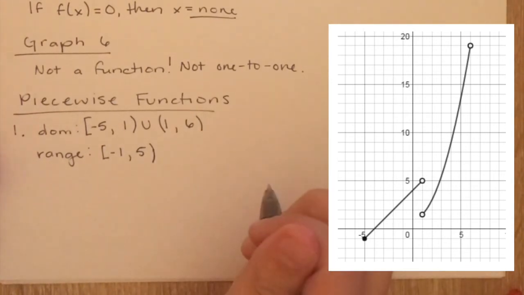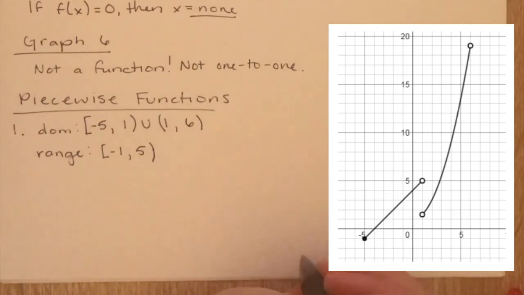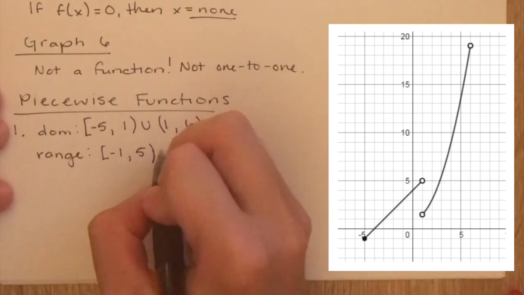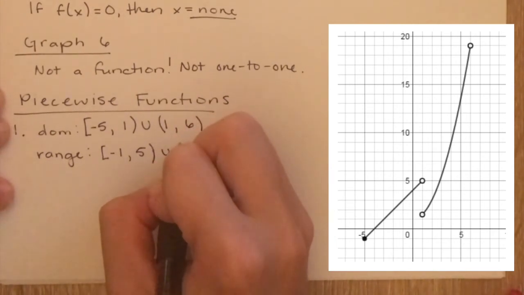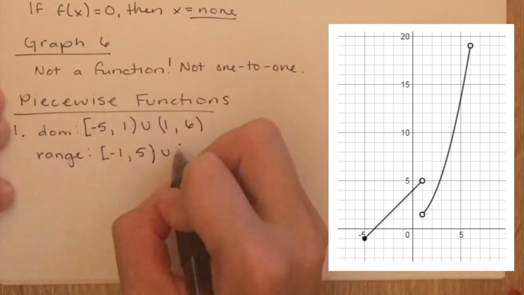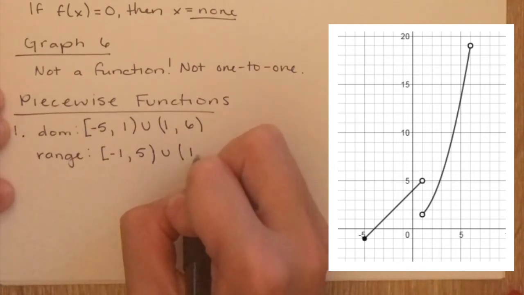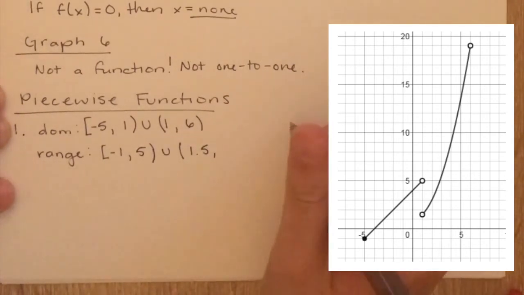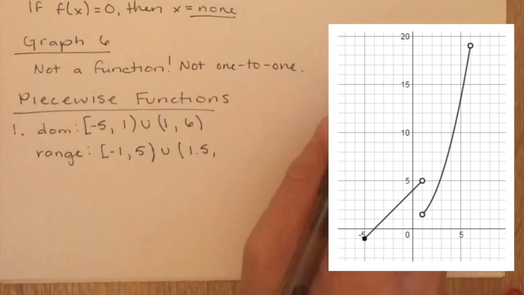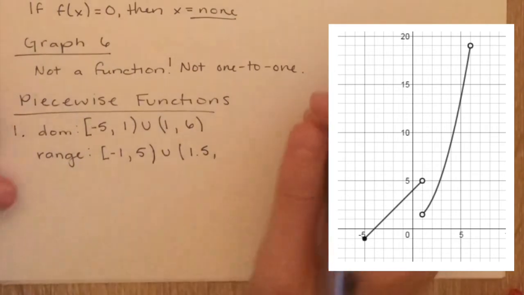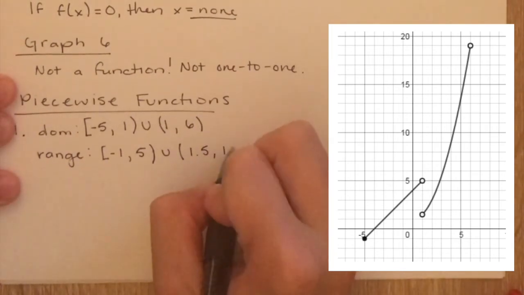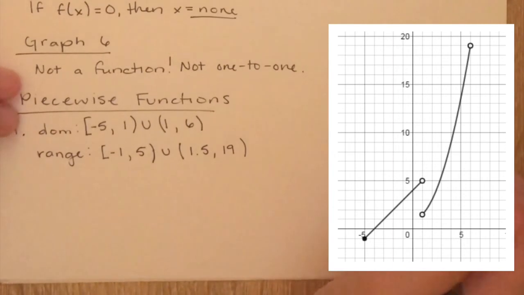The second chunk starts at, I'm going to guess, about 1.5. And it's also open, so we are not going to include it. And then we're going to continue all the way up to, that looks like 19. Also not included.